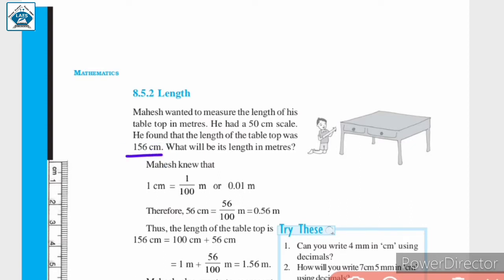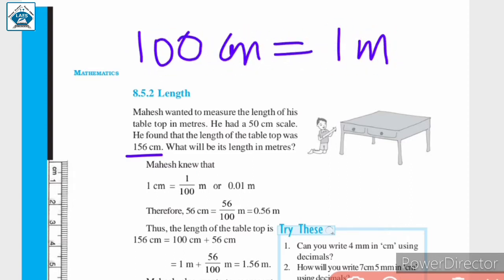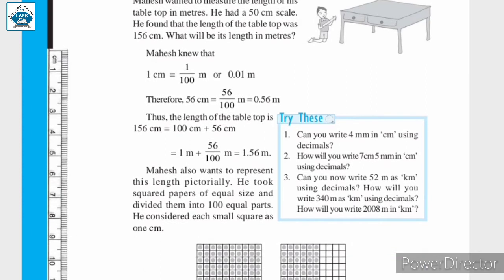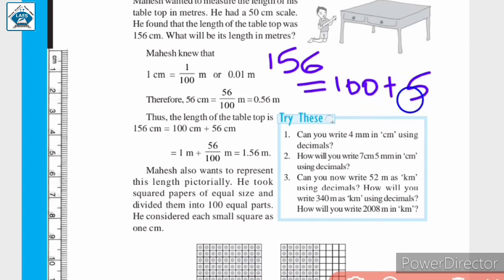So 100 centimeter that makes 1 meter. ठीक है. तो इसमें 100 subtract कर लेंगे तो we will have 56. तो पहले 56 को कन्वर्ट करेंगे. क्या किया है, 156 को ब्रेक किया है 100 प्लस 56 में. सो पहले 56 सेंटीमीटर को हम कन्वर्ट करेंगे मीटर में. सो we will have 0.56 meters.